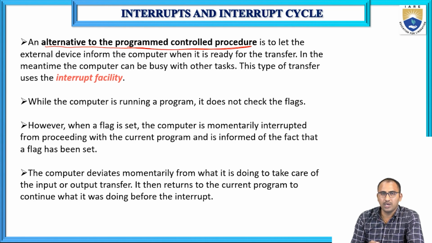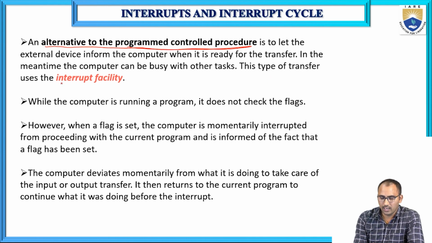But here, no need to check the flag bits. Whenever the IO device is ready to transfer the data, the interface unit will generate an interrupt to the CPU. Then the CPU will get involved in the data transfer. That is the benefit of this interrupt initiated data transfer.